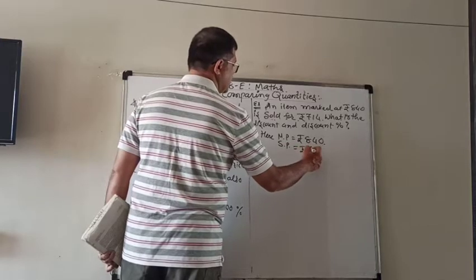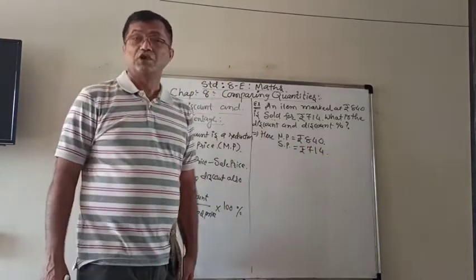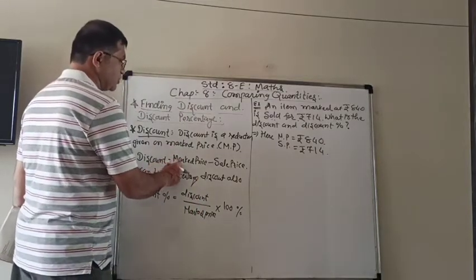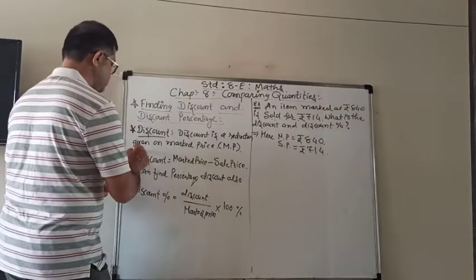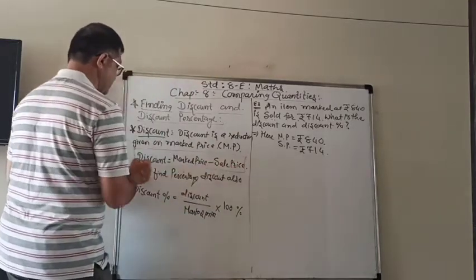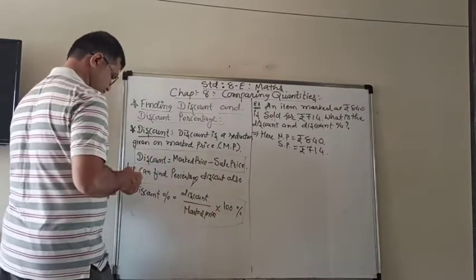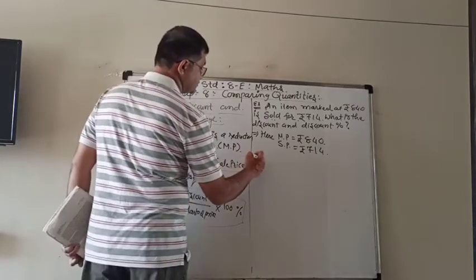Sale price is rupees 714. So now discount we can find by this. Discount is equal to marked price minus sale price. These are the two important formulas that you have to remember.